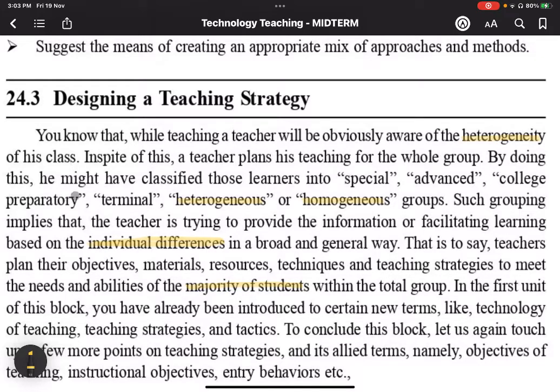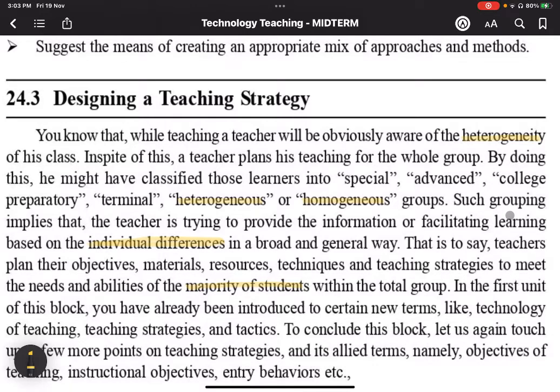By doing this, the teacher might have classified the students as special, advanced, college preparatory, terminal, heterogeneous, or homogeneous groups. So, magkakaroon ka ng grouping sa students.